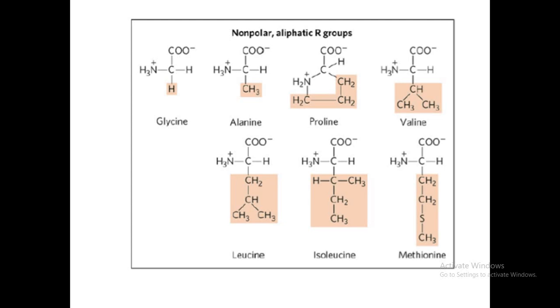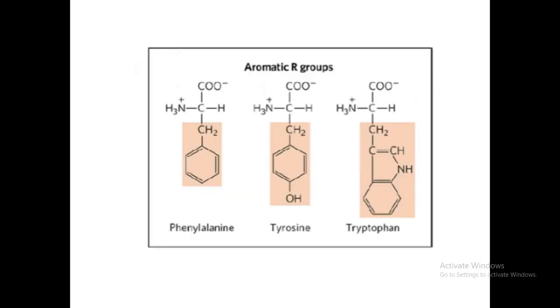So this was all about the non-polar aliphatic R group, and now we will study the amino acids that have an aromatic R group or aromatic side chain. What is aromaticity, or what is aromatic? Aromatic means a molecule that has an aromatic ring. What is this aromatic ring? An aromatic ring, like a benzene ring, is a ring that has conjugated double bonds and is cyclic in nature.